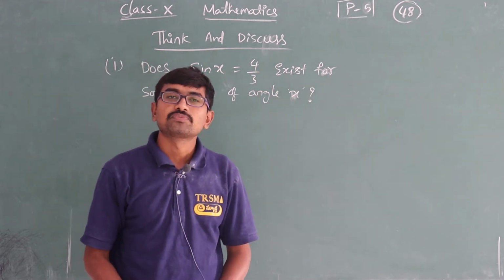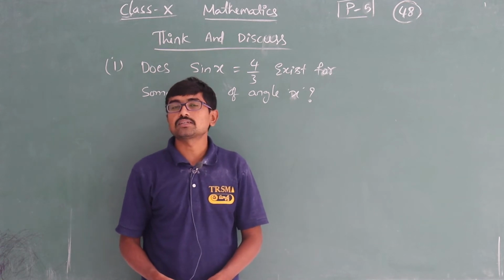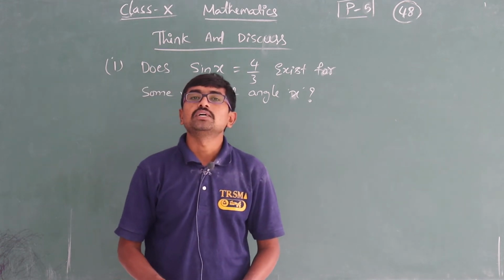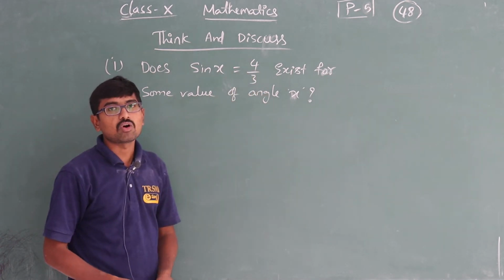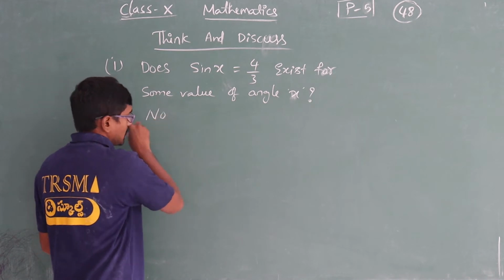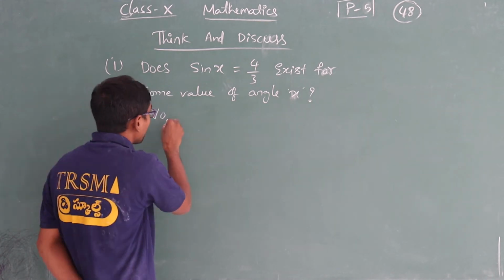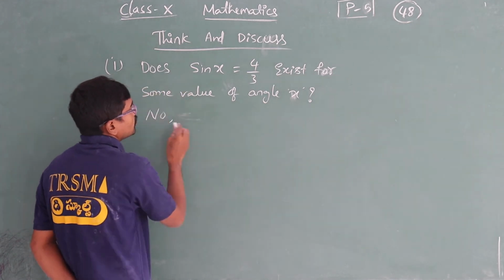Okay, time is up. Hope you all got the correct answer. Can anyone tell me, can we write sin x equal to 4 by 3 or not? Absolutely no. We can't write it.